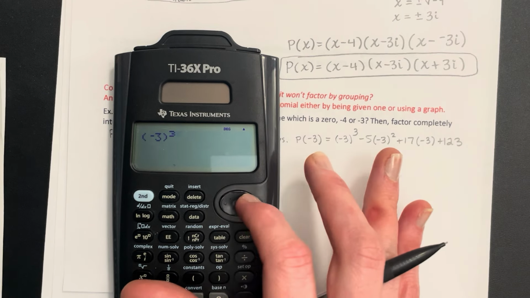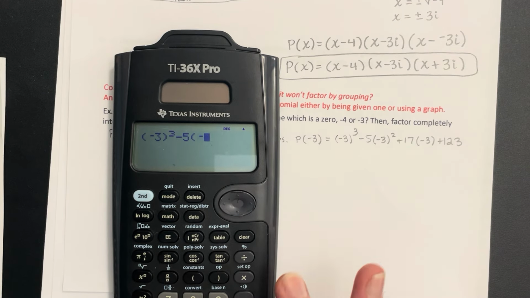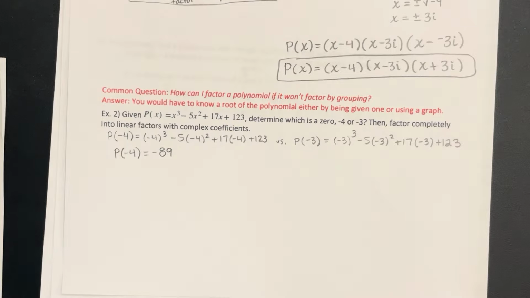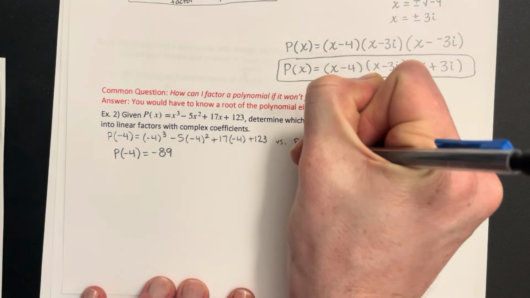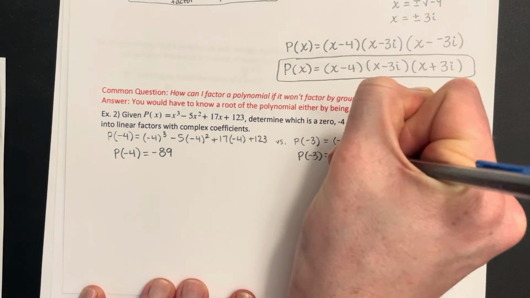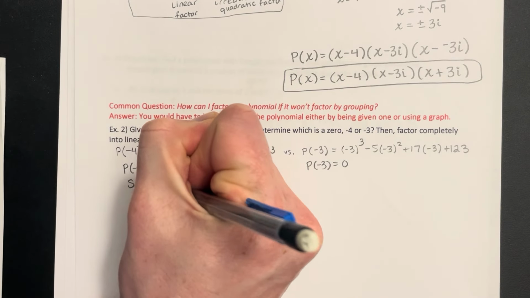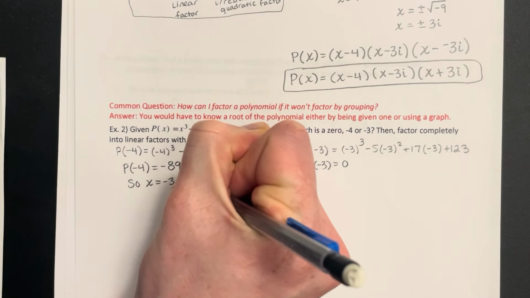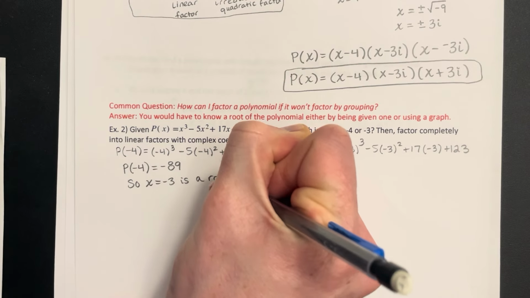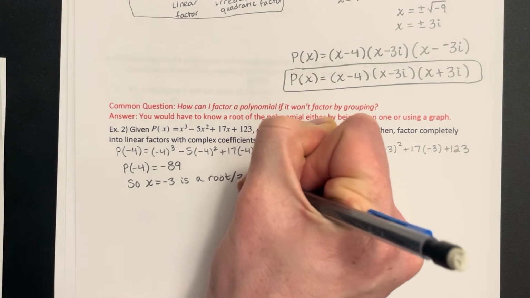But negative 3 cubed minus 5 times negative 3 squared plus 17 times negative 3 plus 123 does give me a 0. So x equals negative 3 is a root or a 0 of p of x.